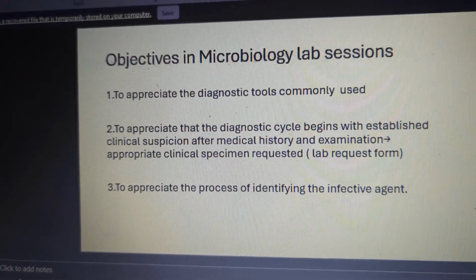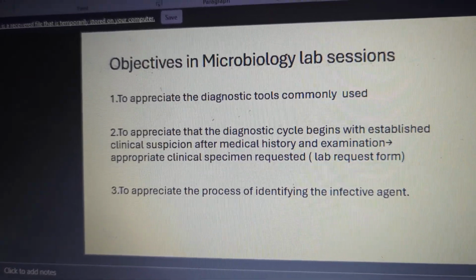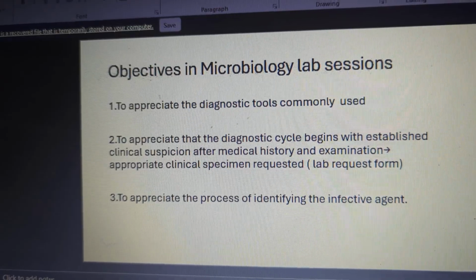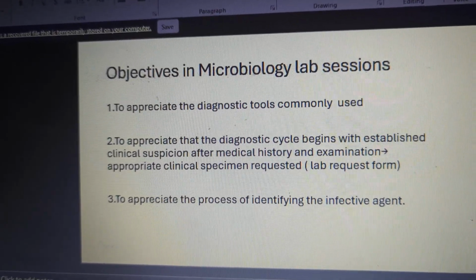And then lastly, to appreciate overall the process of identifying the infective agent.